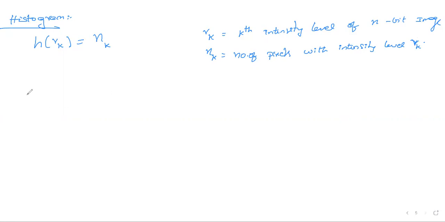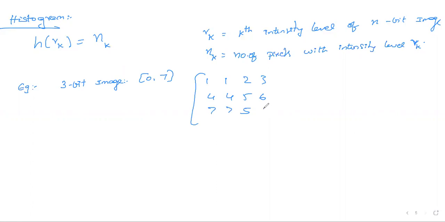Let us take one example. I am giving one image, 3-bit image. 3-bit image means the range of image is 0 to 7, right? So I am giving 3-bit image like this: 1, 1, 2, 3, 4, 4, 5, 6, 7, 7, 5, 0, 2, 1, 0, 3.